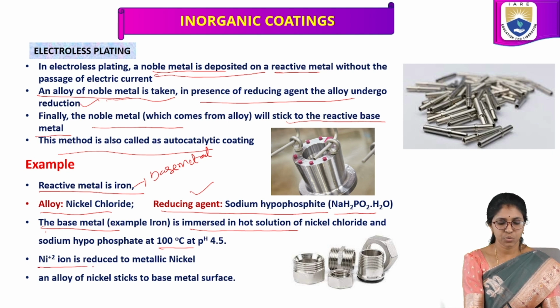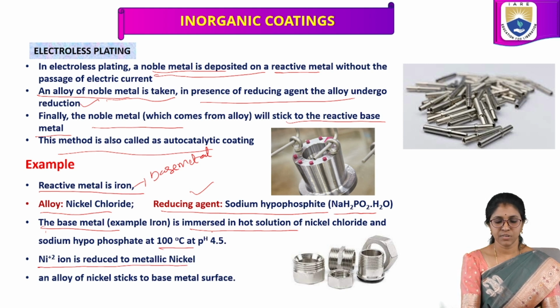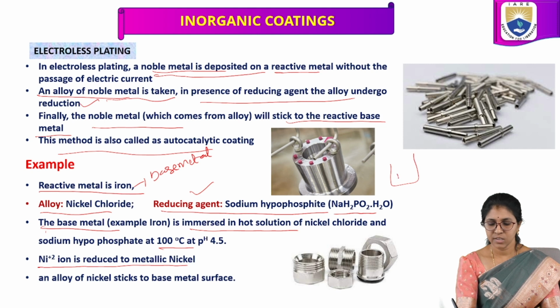Here Ni2+ ions are reduced to metallic nickel. We are immersing the iron metal in a hot solution of nickel chloride and sodium hypophosphite at 100 degrees centigrade and pH 4.5.